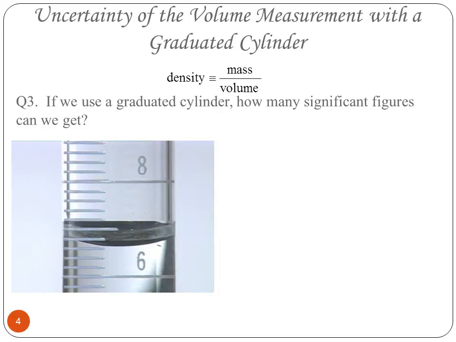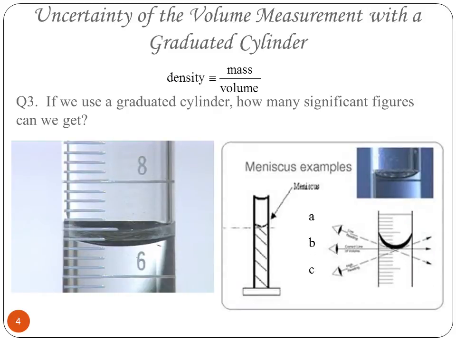As we can see, the bottom of the meniscus is between the third and the fourth mark after 6 milliliters, or we say the volume is more than 6.6 milliliters but less than 6.8 milliliters. As required, we have to estimate one more digit. I estimate the volume would be 6.61 milliliters.